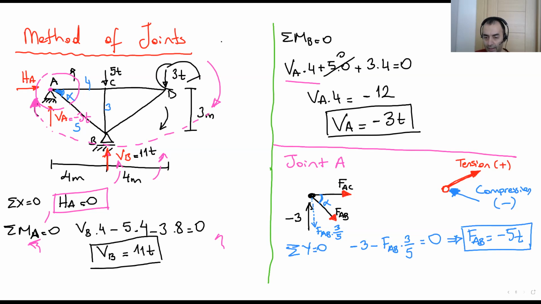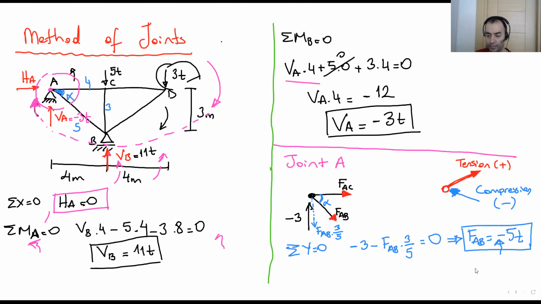Is this clear? So FAB is -5. That means FAB actually is not a tension force. It's not like this red arrow. It goes into the joint. But no worries. I can accept it in this arrow direction. That's okay. But I can use the negative sign here.